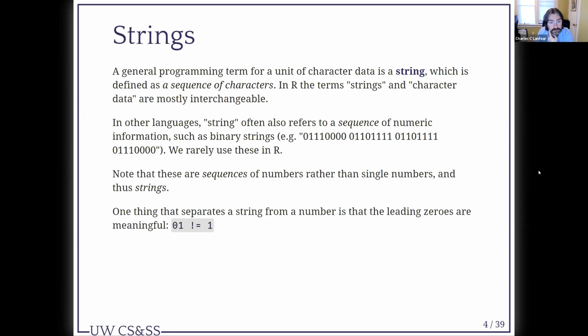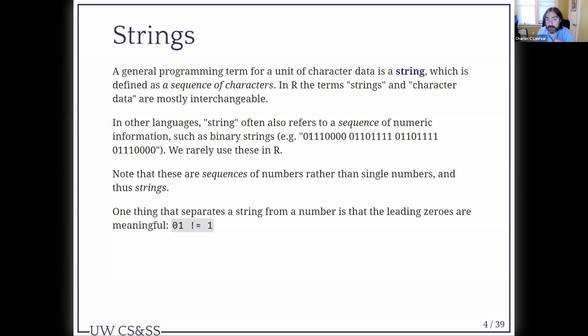Okay. So the thing to note that makes these different from numeric data is that these are not single numbers. These are sequences of individual numbers. That makes them strings. You know something is a string, for instance, if a leading zero is meaningful.